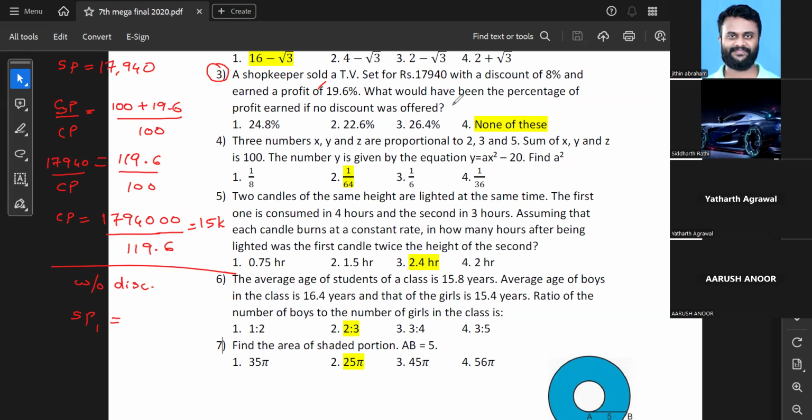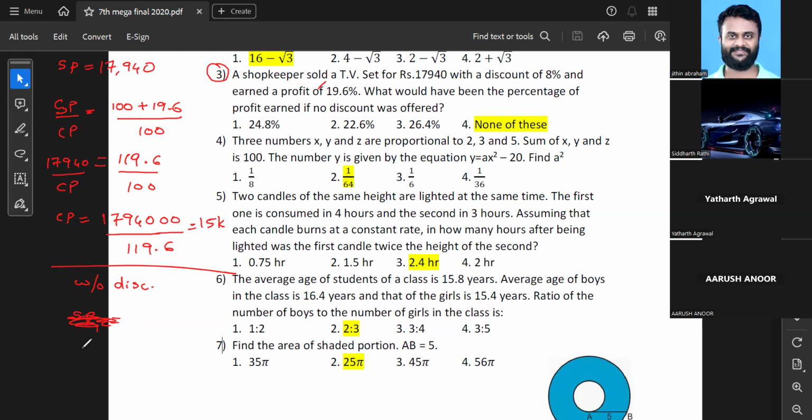So I was saying, after giving 8%, this was the selling price. So technically speaking, out of 100%, when you remove 8, this is your selling price. So this is only 92% of the original selling price, right? So I'll call it the marked price.